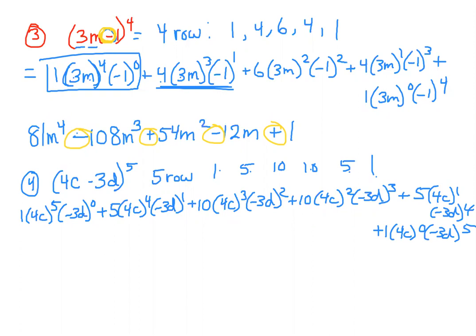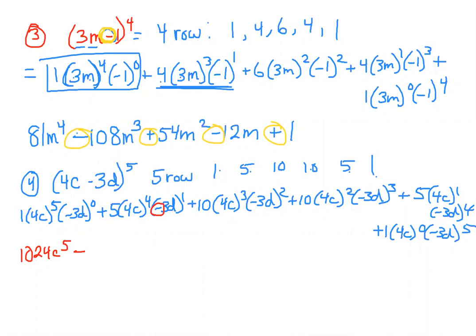It's going to be some really big numbers because this is going to be 4 to the 5th. So this becomes 1024c to the 5th, and then a minus because of this.